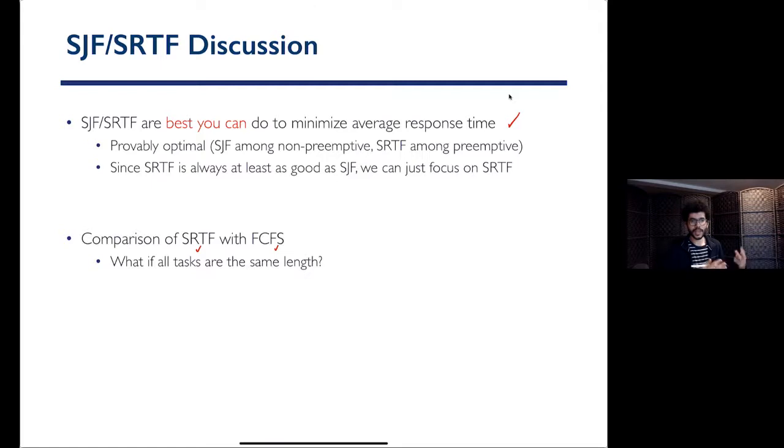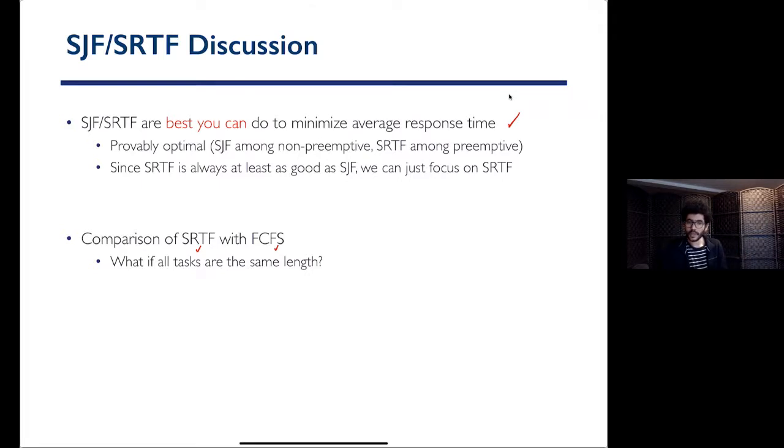FCFS also doesn't care about the length. It just cares about the arrivals. So if tasks have the same length, then SRTF and FCFS have the same outcome. And because we know that SRTF is optimal in terms of average response time, FCFS becomes optimal. So if the tasks have the same size, then doing FCFS is the best you can do.